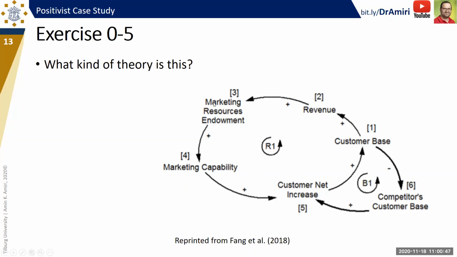That means increasing a variable means this variable is going to be increased even more because of this causal loop. But this one is balancing. That means that increasing a variable here means that in the next cycle, that variable is going to have a lower value. So this is a causal loop.